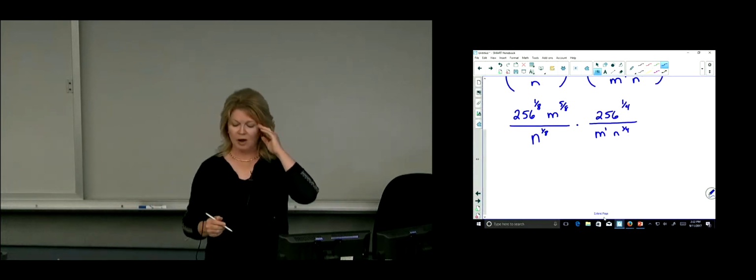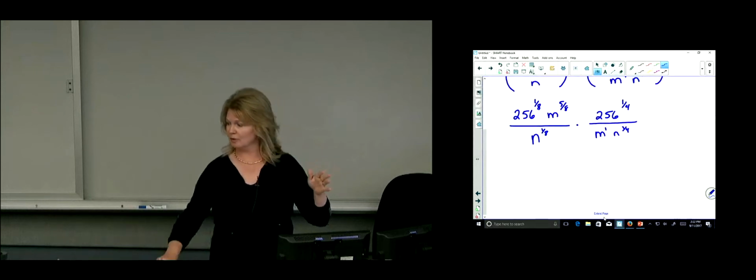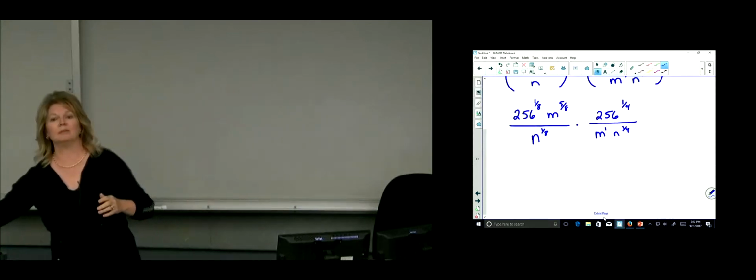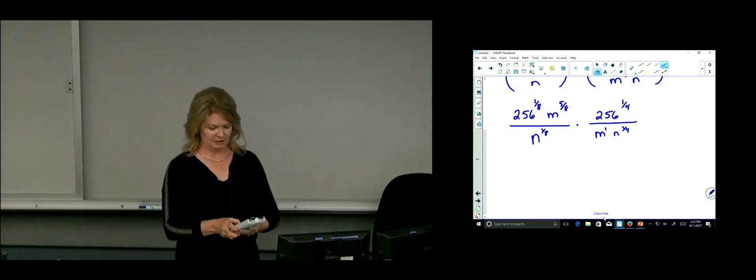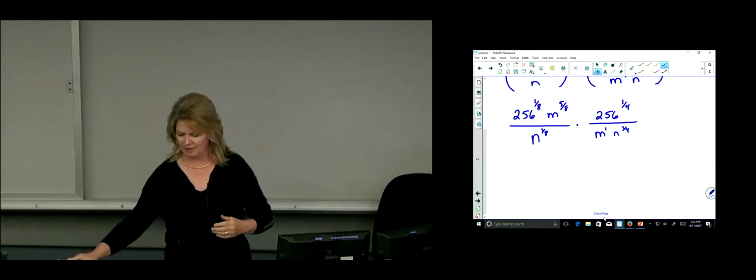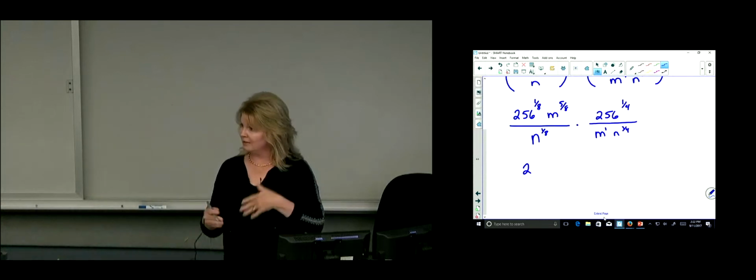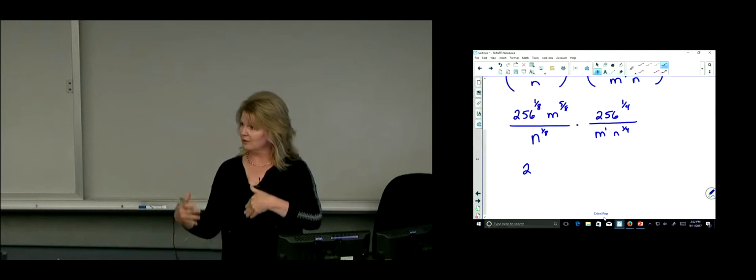Off the top of my head, I don't know. What is the number that if you raise it 8 times, is it 2 times 2, 4 times 4? What number is it that you multiply by itself 8 times and get 256? It's 2. Awesome. So 256 to the 1/8 is 2.